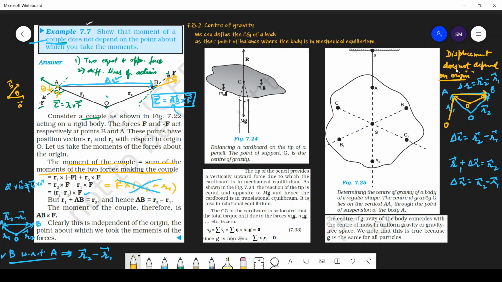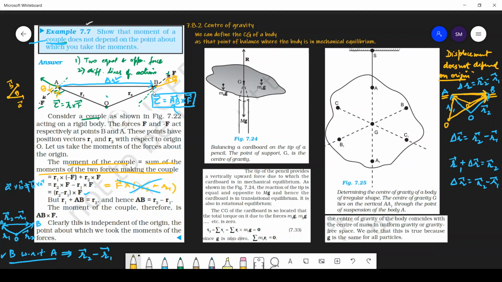Have you read this point? Same is the case here. If you are taking this as origin, this is the position vector of A, this is the position vector of B, but the displacement will remain the same, the relative position of B with respect to A. I am taking this because these two points, A and B, are fixed.